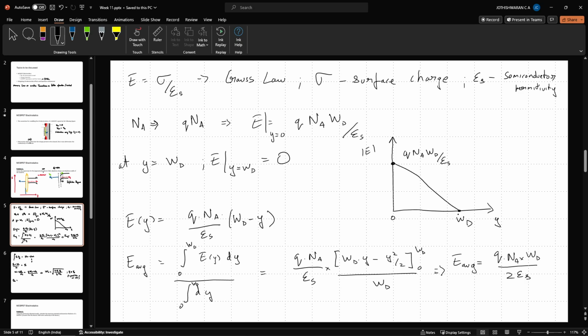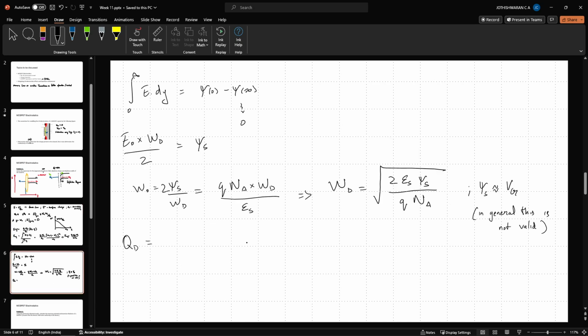To find the total charge, all I have to do is again integrate this function along this curve. So from that, I will get QD is equal to, now the sign becomes important because we are talking about the value of the charge, 2Q Na times epsilon s times psi s.